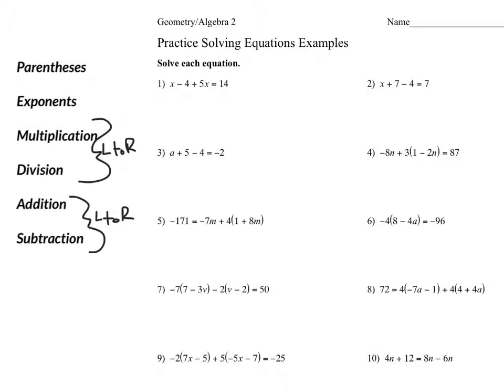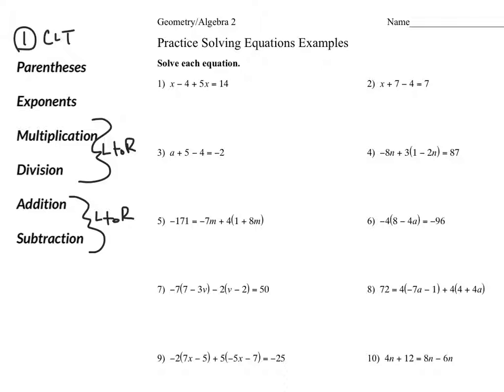Now, as I look at these, I'm using PEMDAS backwards. In order for me to use PEMDAS backwards, I'm always going to start with any addition and subtraction I can do first. So as I go through and look at some of these things, there are some steps that I want to look at. First, you want to see if you can combine like terms.